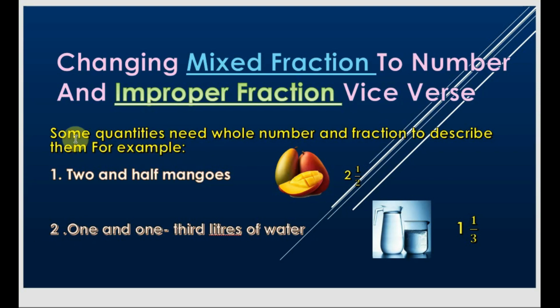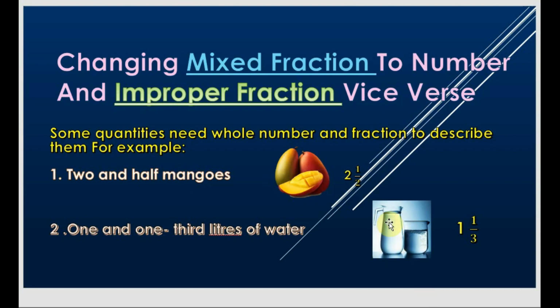Example of having mangoes. The third of the mango has been split into 2. So that means we have 3 mangoes, and the third one has been divided into 2. So here we have the mangoes expressed as 2.5 mangoes.